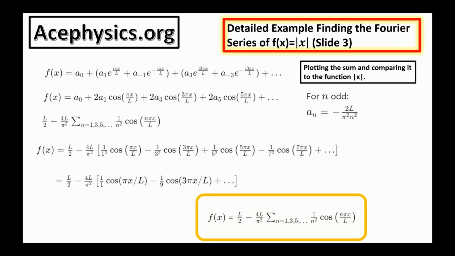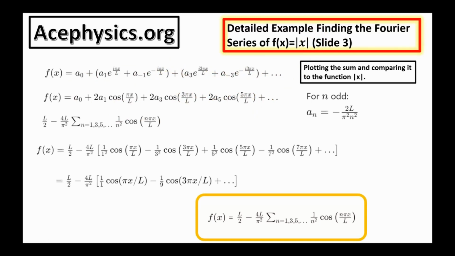We're done finding the Fourier series, but what I want to do now is plot the Fourier series and compare it to the function the absolute value of x. To plot the function, we know it's a real function, so it makes sense to group terms of positive and negative n values. Whenever you're doing the Fourier series of a real function, for example, the absolute value of x or anything without complex numbers, these terms are always going to give you sines or cosines, and you'll always be able to write the function in terms of real sines or cosines.